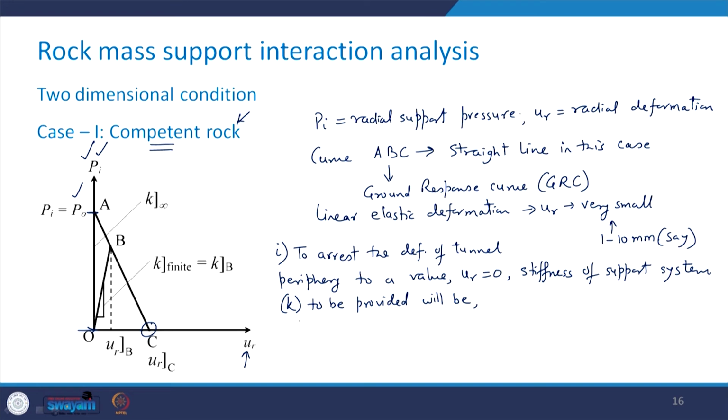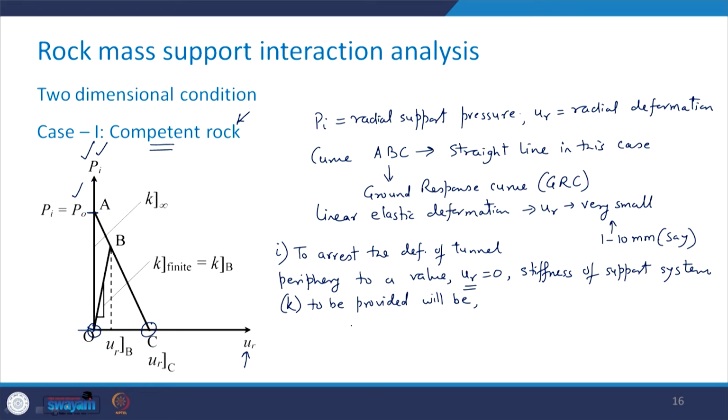See, if I have to arrest this complete radial deformation, UR has to be equal to 0 here. So the stiffness is going to be the pressure which is required to cause the unit deformation. So that is Pi upon UR.